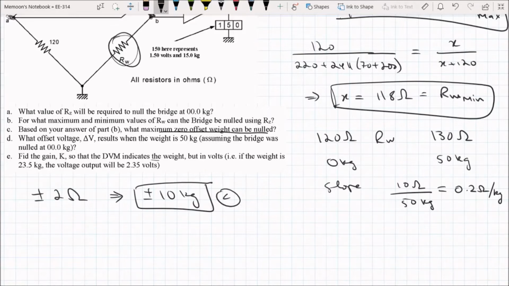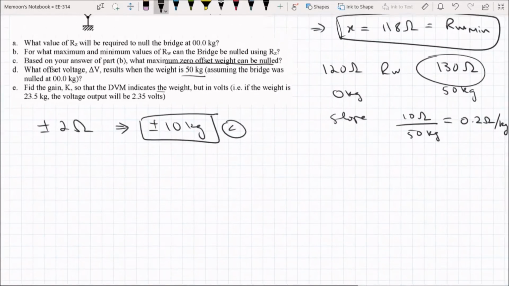In part D, it was asked what offset voltage delta V results when the weight is 50 kg, assuming that the bridge was nulled at 0 kgs. Again, putting the weight as 50 kgs, you have to find the corresponding resistance of your Rw, and in my case it is simply 130 ohms.